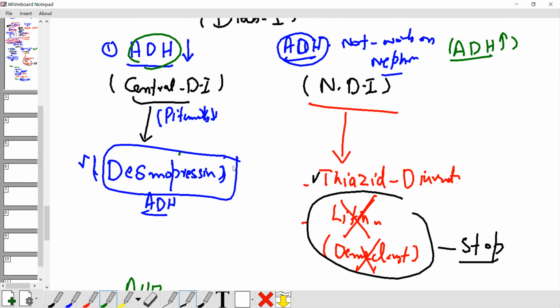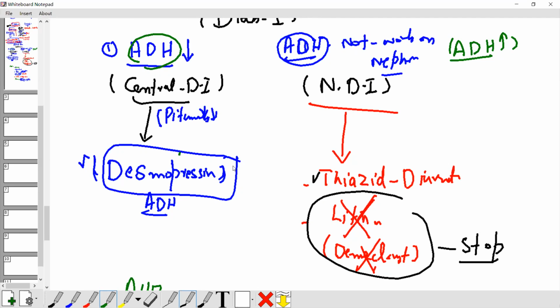So no response means nephrogenic diabetes insipidus. If the patient gives a response, the polyuria is controlled by desmopressin.